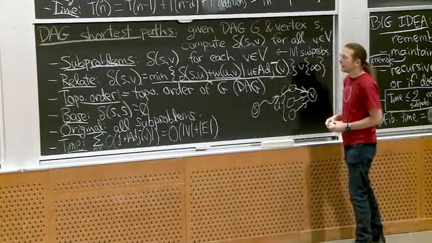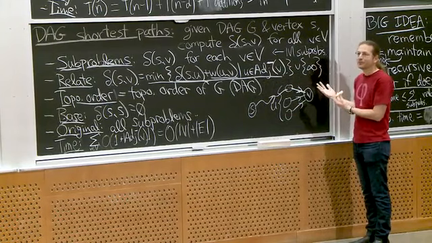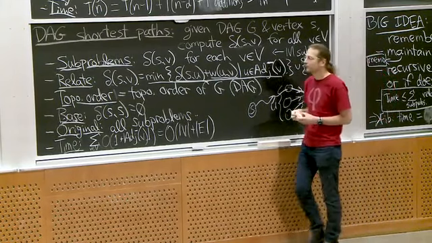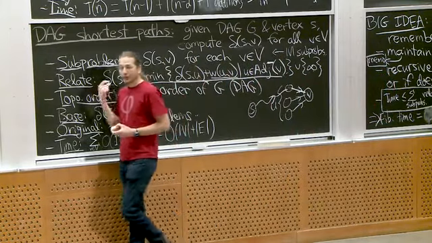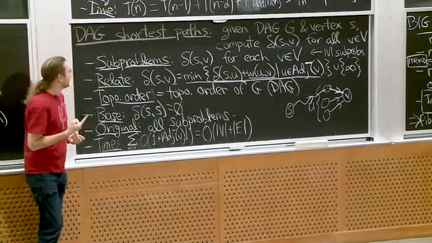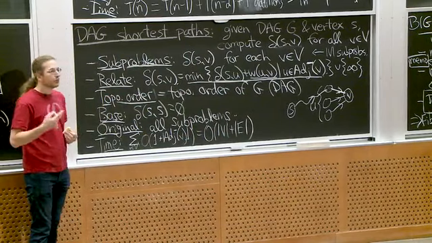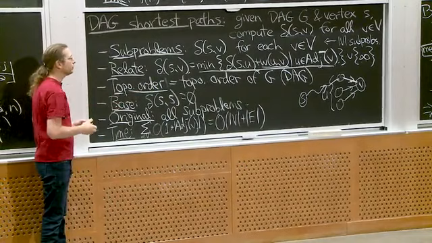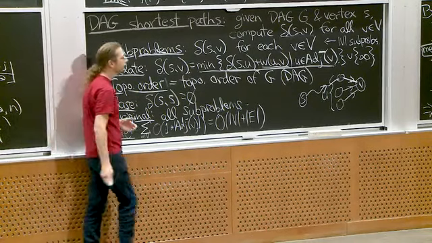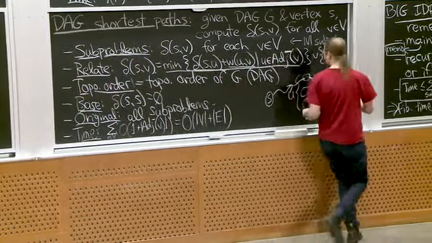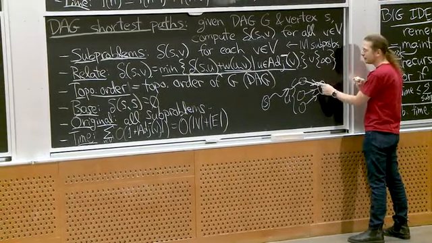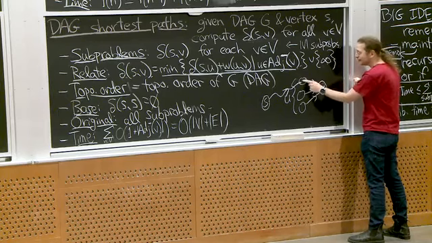OK, so in fact, this algorithm is morally the same algorithm as the one that we saw in the DAG shortest path lecture, which was compute a topological order and process vertices in that order and relax edges going out from vertices. So in that algorithm, we would have tried to relax this edge if there was a better path to V. And the first one certainly is better than infinity. So the first one we relax indeed.